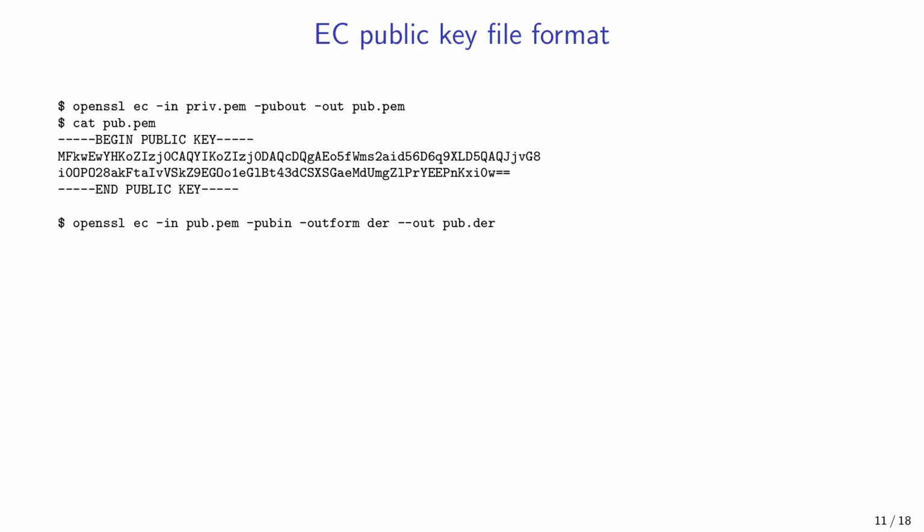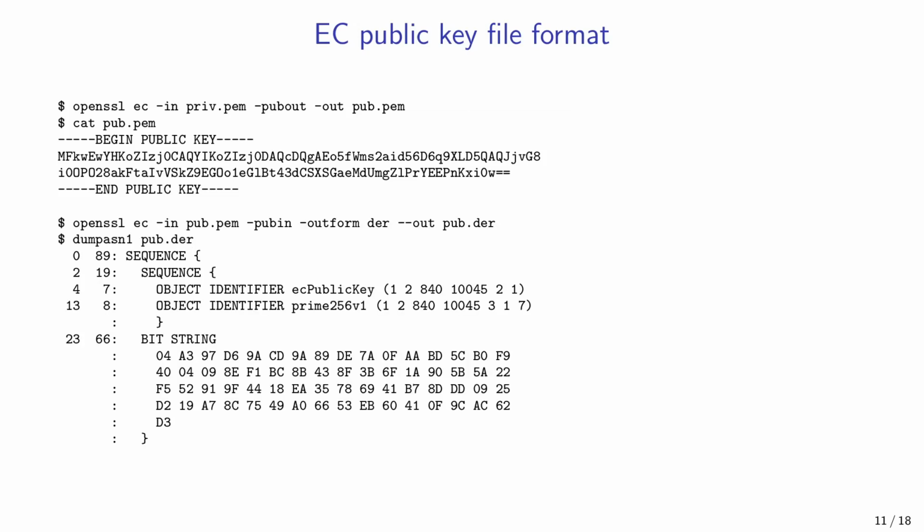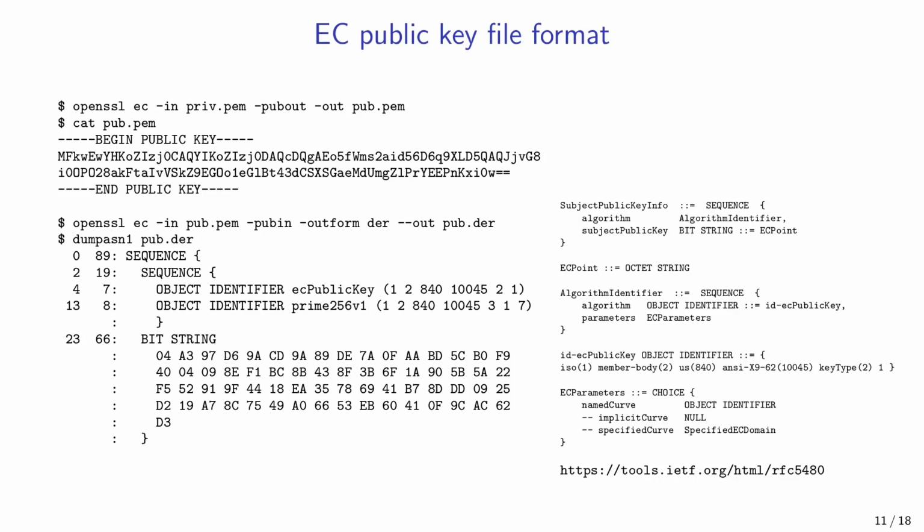If we convert it to DER format and dump ASN.1 on it, we will see the subject public key info structure defined in this RFC. The algorithm object identifier here specifies EC public key, and parameters specify the object identifier of the named curve, or alternatively encode all the domain parameters of the curve. The public key here is encoded as a bit string, encoding the point's x and y coordinates.